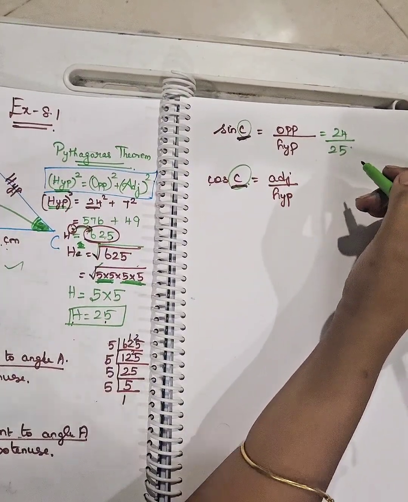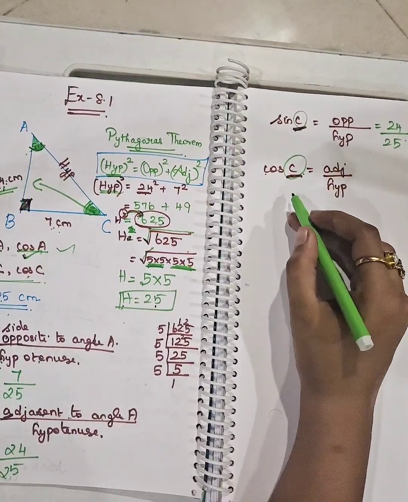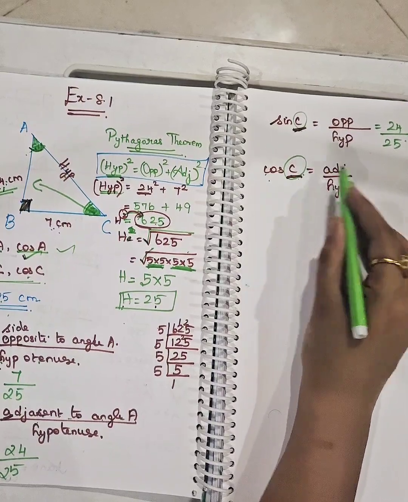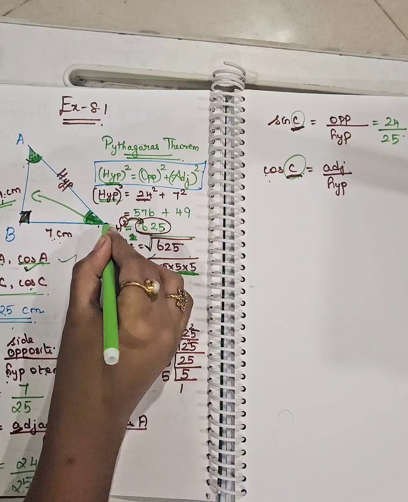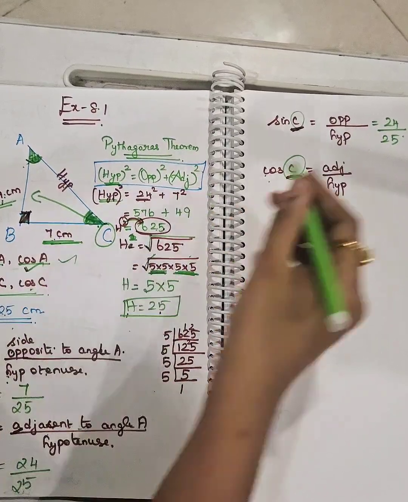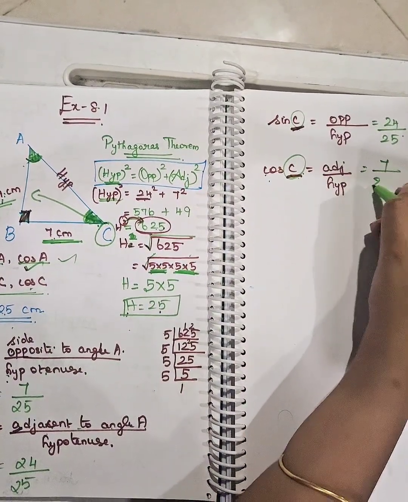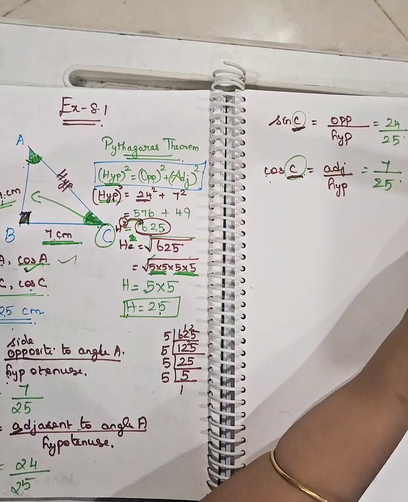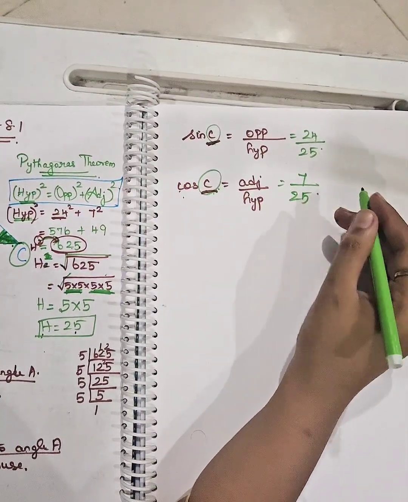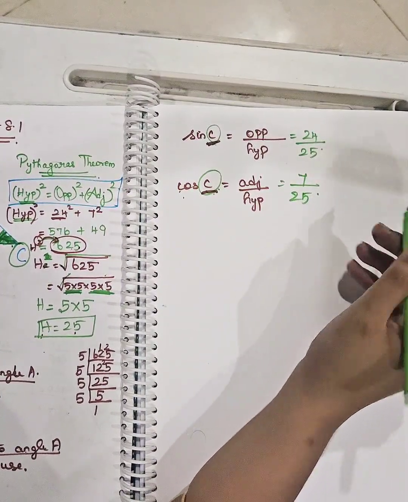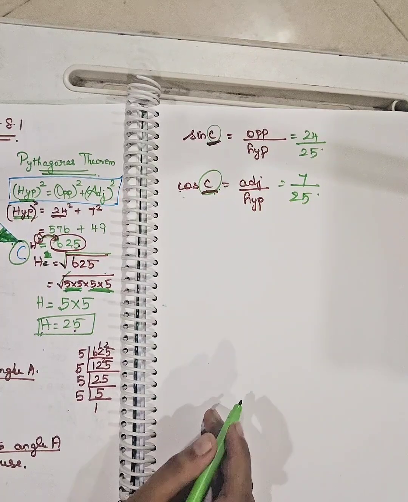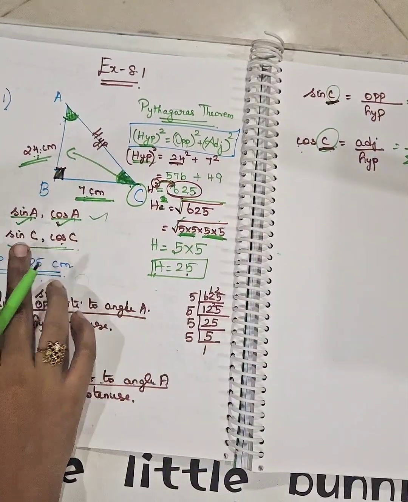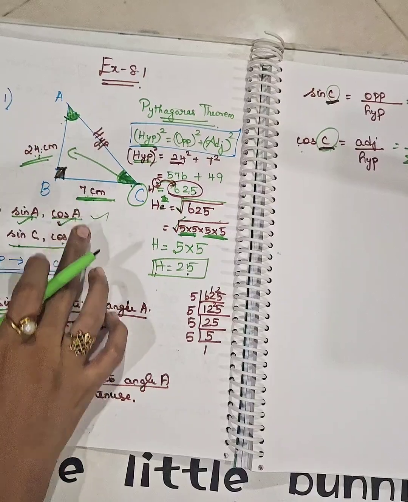Next, moving on to cos C, adjacent by hypotenuse. Here also C is the angle. For C, the adjacent is 7. So 7 by hypotenuse. Hope you can understand, students. Very, very simple. So here we have found the values for sin A, cos A, sin C, cos C, which has 2 divisions.